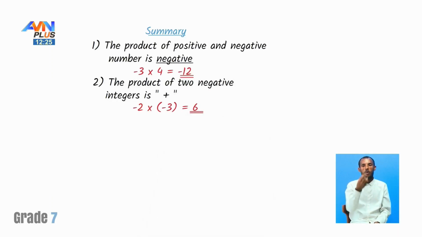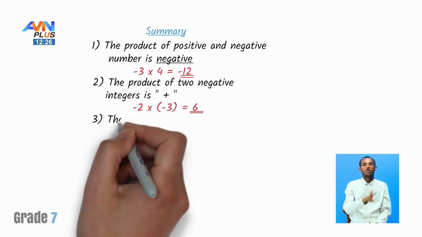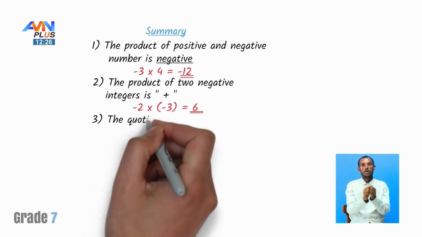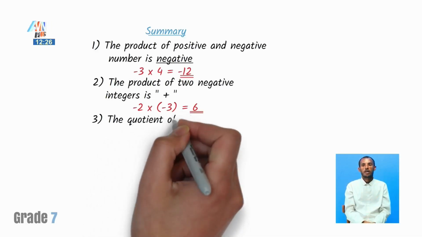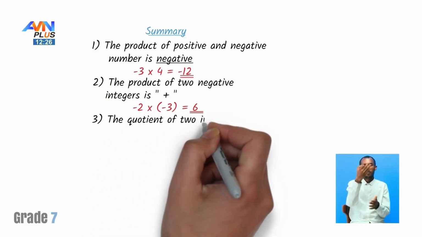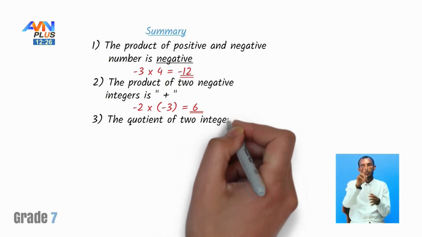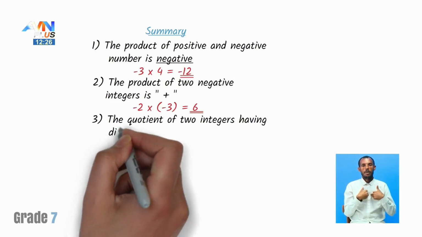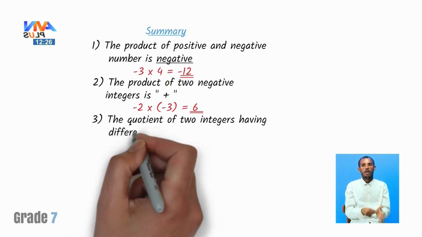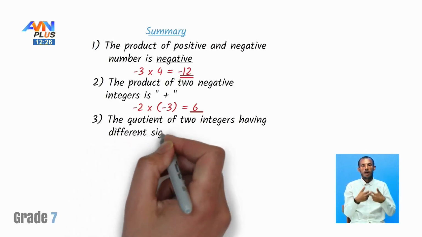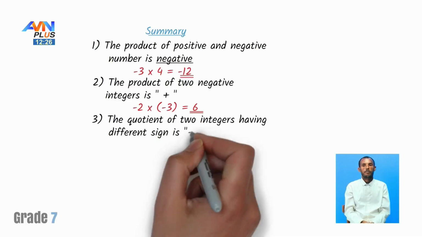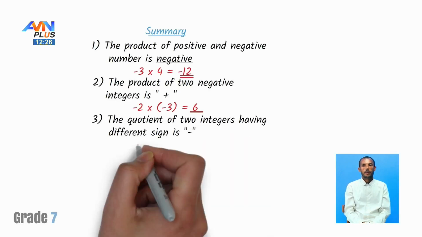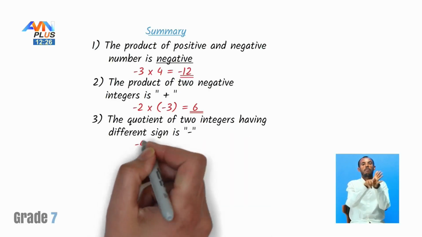And again, we have seen the quotient of two integers having different sign is negative.